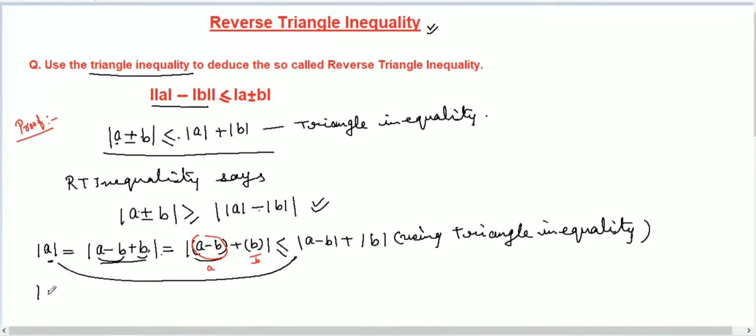Now the absolute value of A is less than or equal to the absolute value of A minus B plus the absolute value of B.